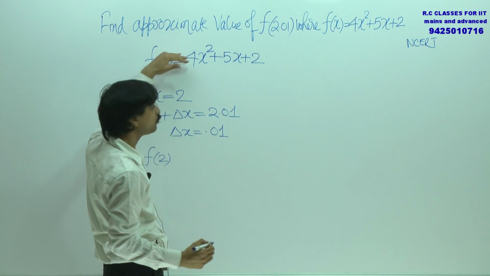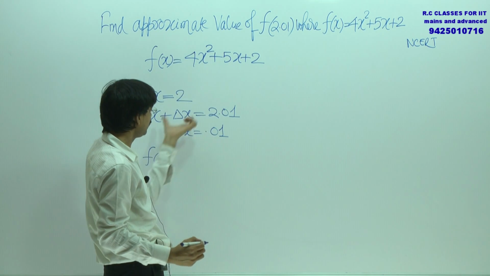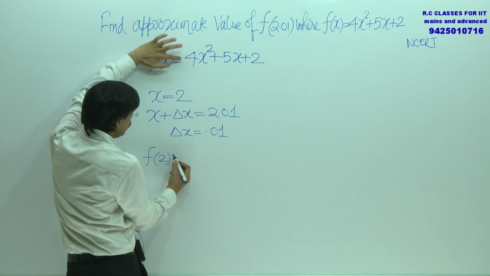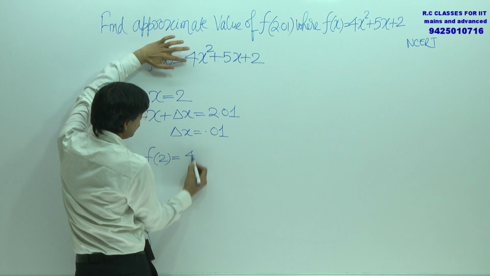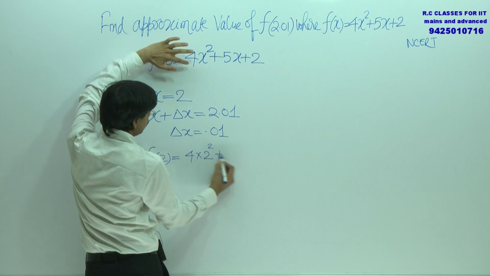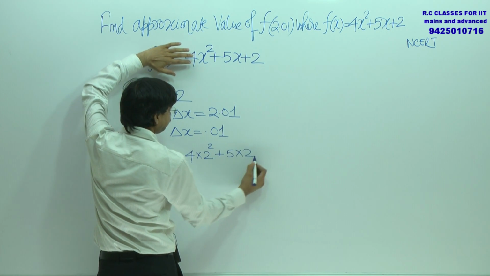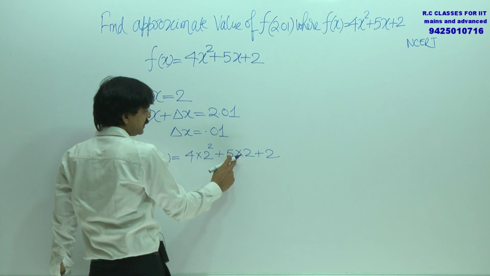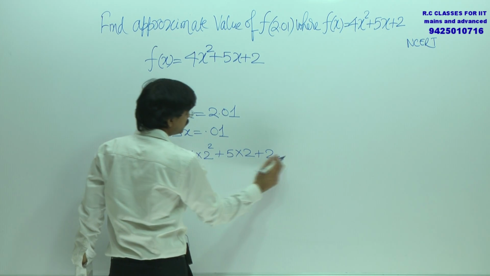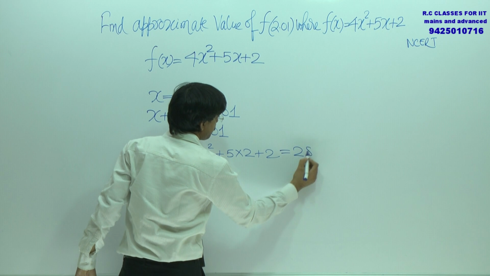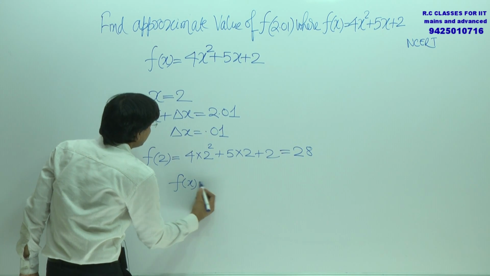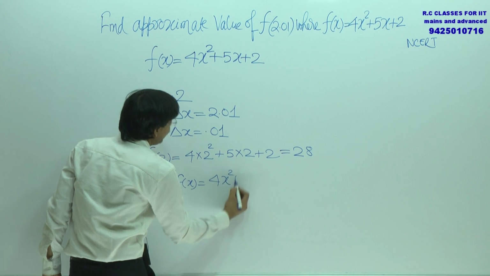At x equals 2, the value of the quadratic expression is 16 plus 10, 26, plus 2, which is 28. f(x) is 4x square plus 5x plus 2.